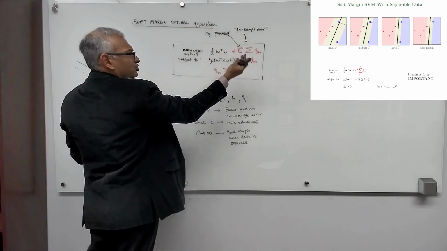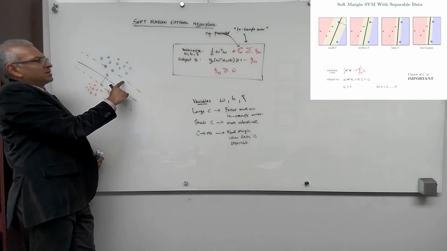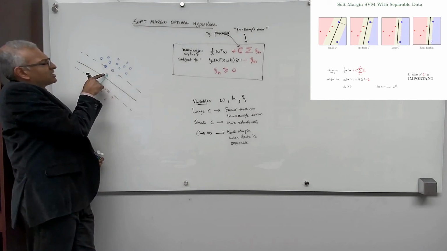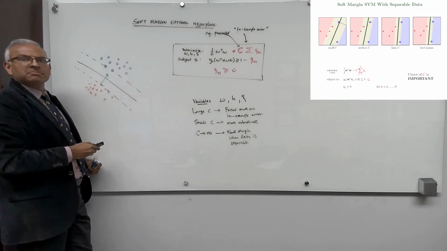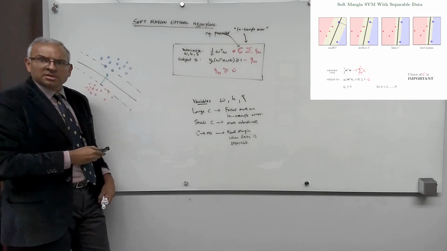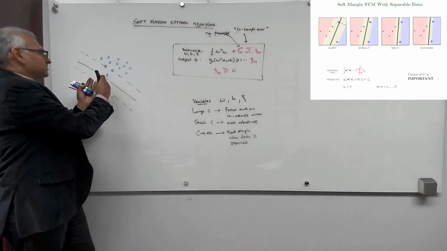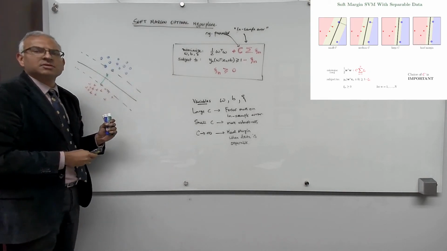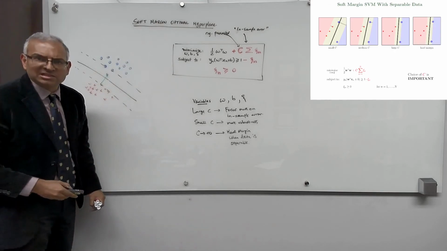If you choose C too small, the data is separable, but the final classifier misclassifies this data point. If you choose C medium, reasonably large, you get a slightly thinner classifier, and the data gets correctly classified now. And if you choose C very, very large, you recover the hard margin classifier.